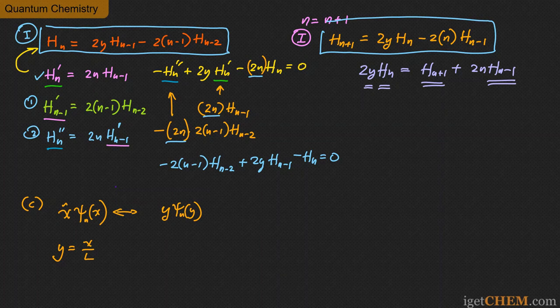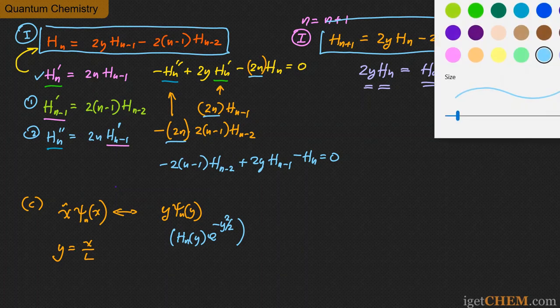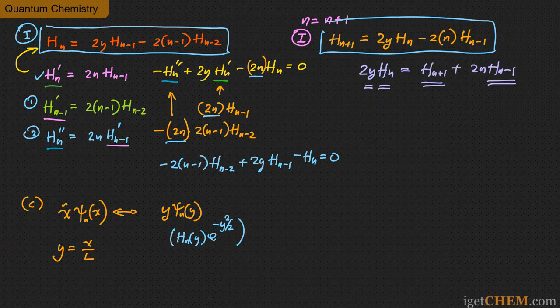So we can see that the wave functions psi of y are all going to be functions like Hn of y multiplied by e to the minus y squared over 2. And so the question is, what does y do to that?